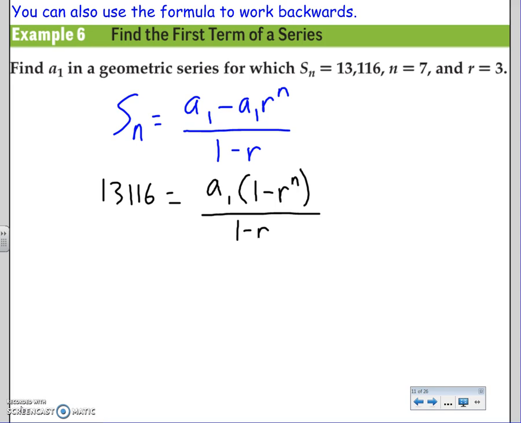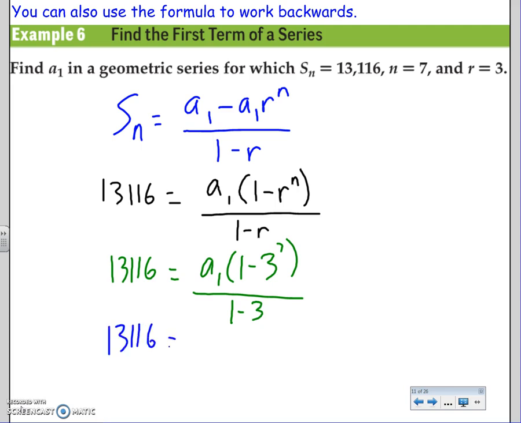So I could do a lot of things. Let me plug in r first, to make life easier. a sub 1 times 1 minus 3 to the n power, which is 7, over 1 minus 3. I can simplify some things. 13,116 equals a sub 1 times that inside. If you put it in the calculator, you get negative 2186 over the bottom, which is negative 2.